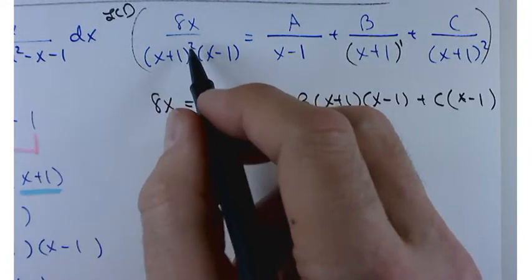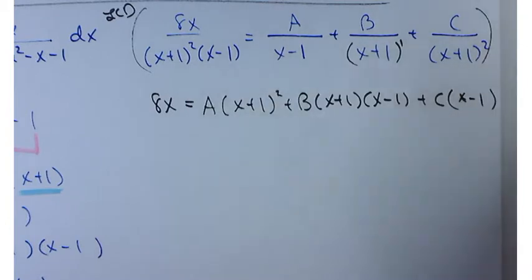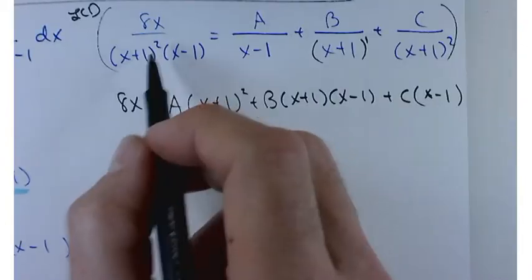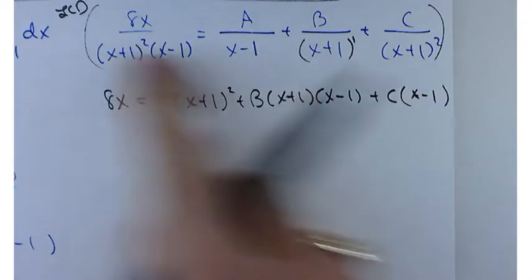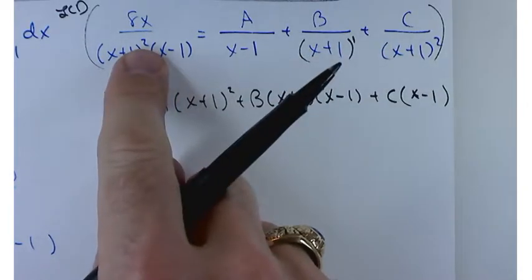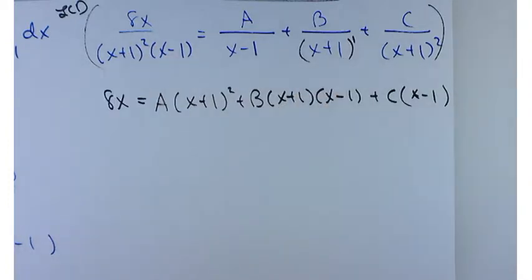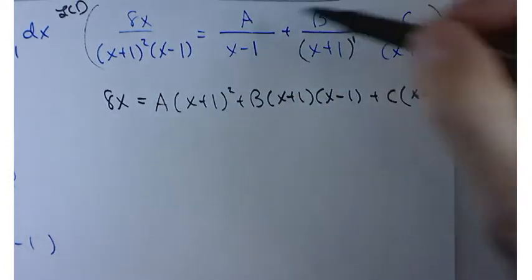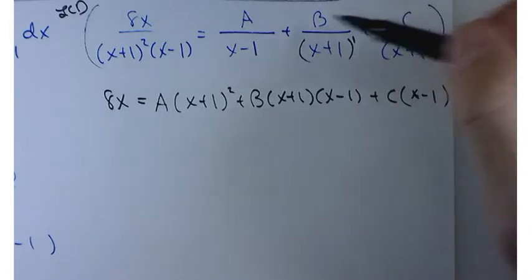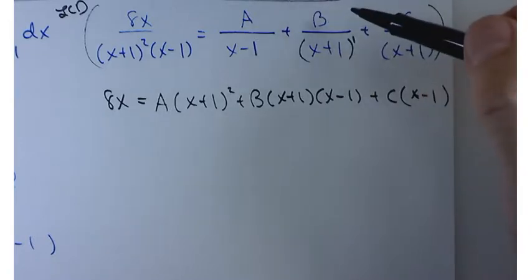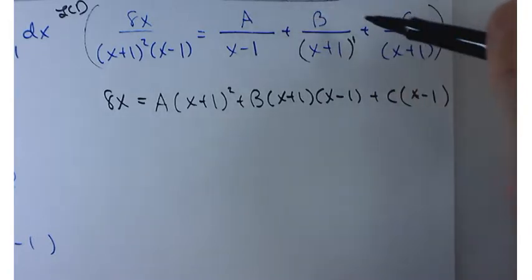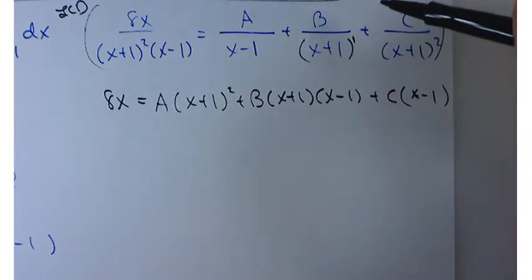If this was a cubic term, I'd have a plus D over x plus 1 cubed, etc. It would keep on increasing with the exponent. You'd have a term for each power of this exponent. It's just the pattern of the partial fraction decomposition. Now, as we solve for this, sometimes one or more of these will turn out to be 0. I don't think that's going to be the case here, but I don't know yet. Just not sure I've answered your question, though.